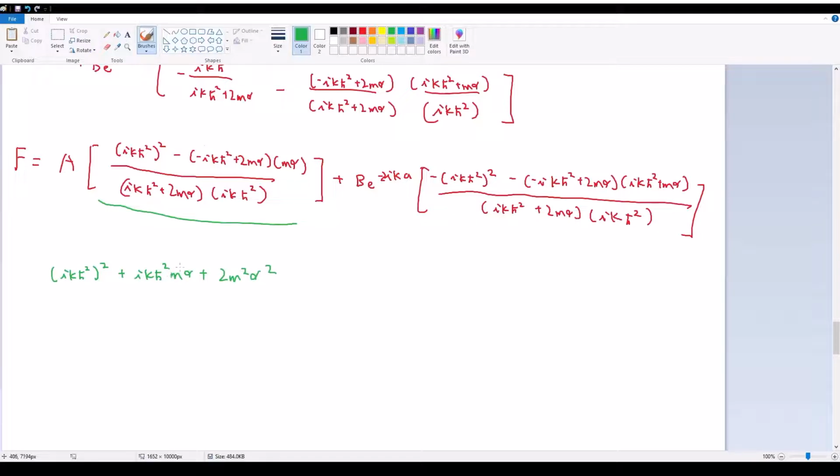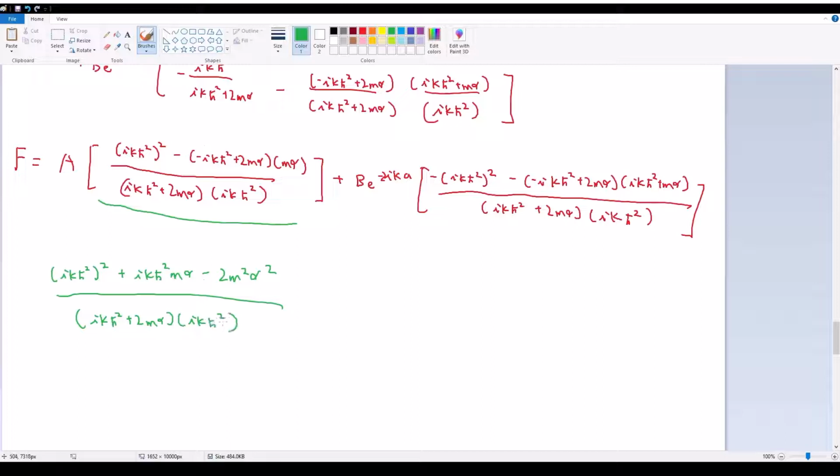Is that correct? No, that's supposed to be a minus. So ik h bar squared squared plus ik h bar squared m alpha, and then minus 2m squared alpha squared.